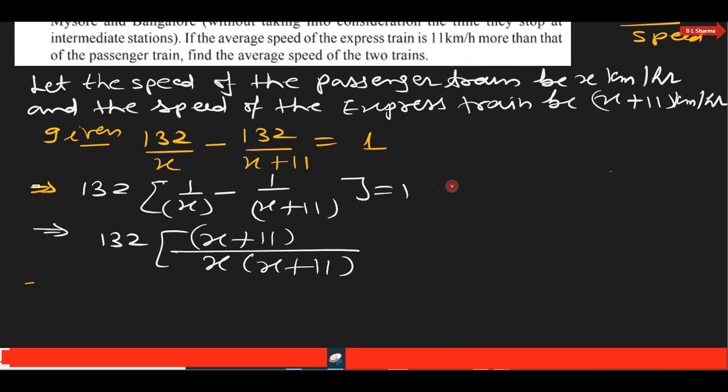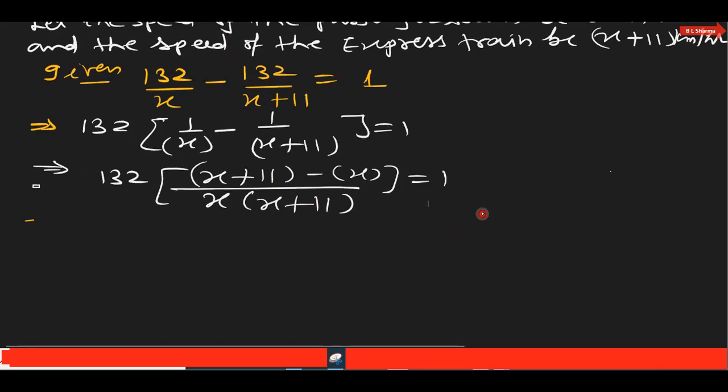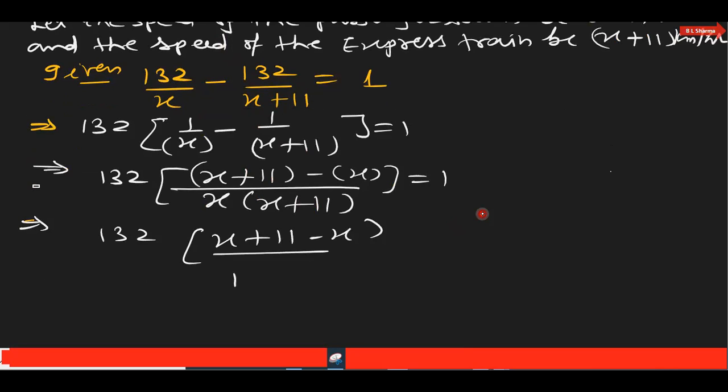That is x plus 11 minus x, that is 1. Further simplification. 132, open the bracket, x plus 11 minus x, and that is x square plus 11x, that is 1.